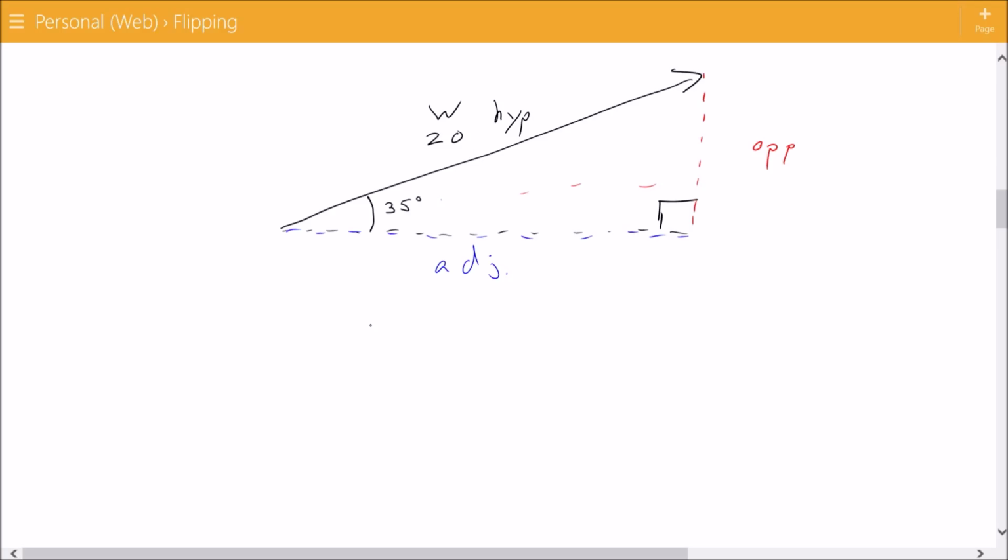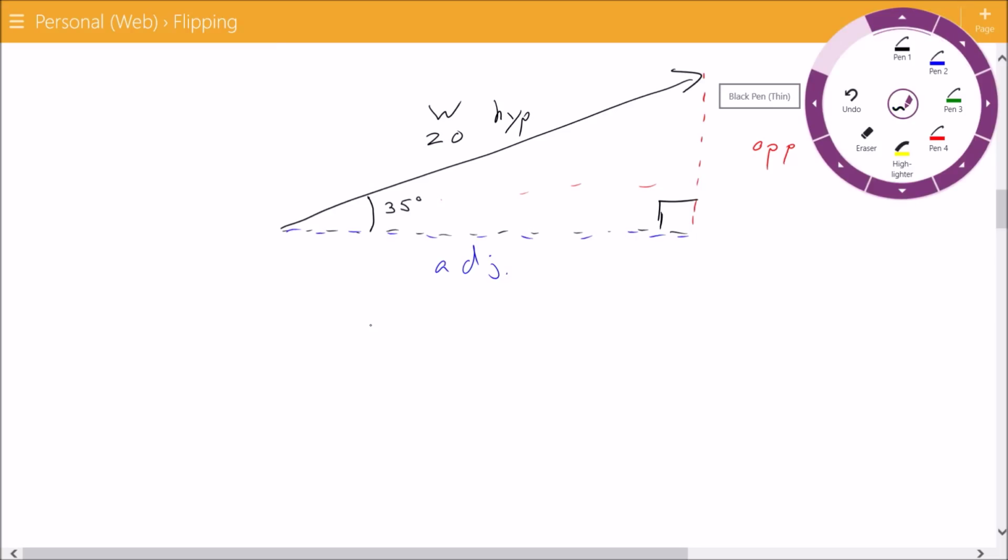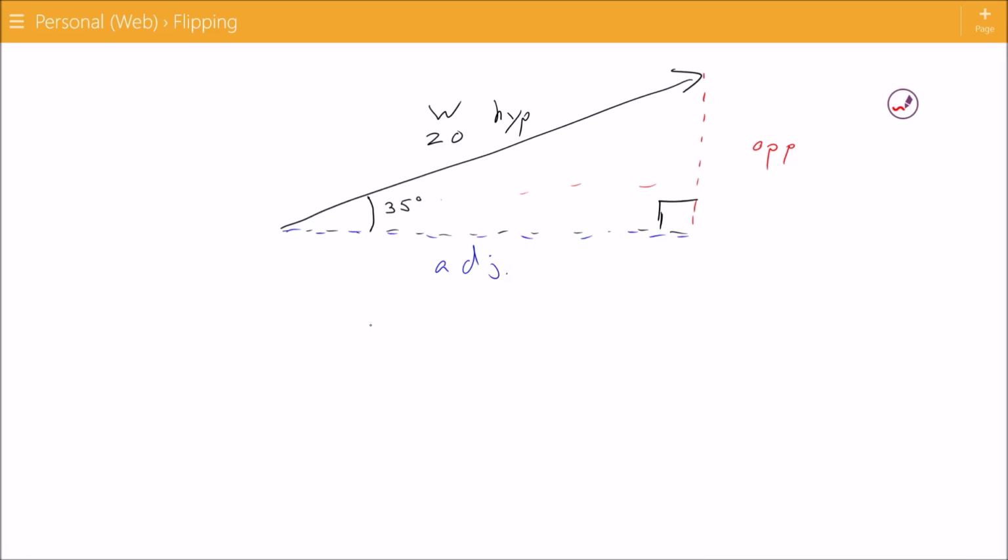So we see that the vertical component is really going to be your opposite side, which is sine. Opposite over hypotenuse. So if the sine of 35 degrees is equal to my opposite, and this is really what my vertical is, opposite over, in this case, 20.